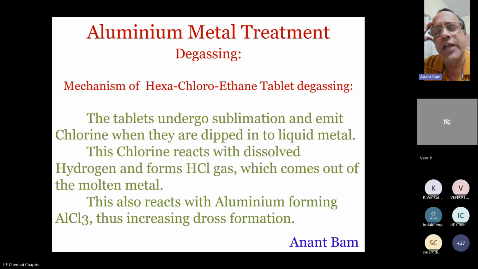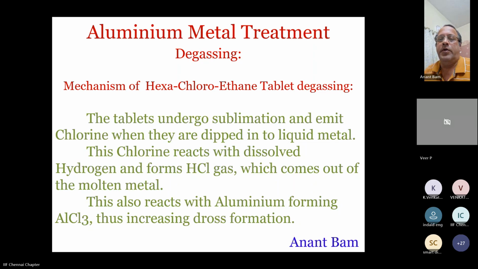Now let us understand the mechanism of tablet degassing, which was a very common degassing process maybe about 10 to 15 years ago. Even nowadays, some foundries are compelled to use tablet degassing. The popular tablet is made of hexachloroethane.